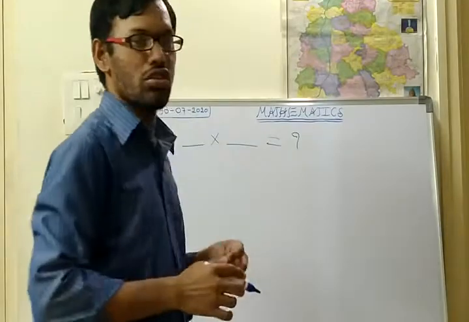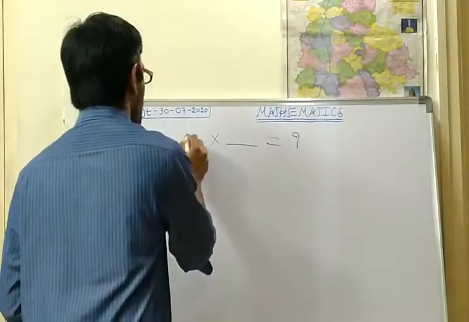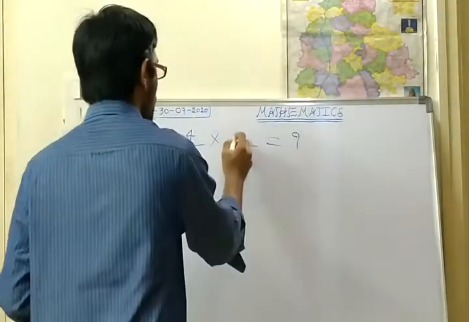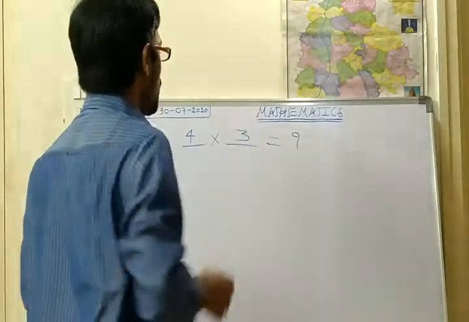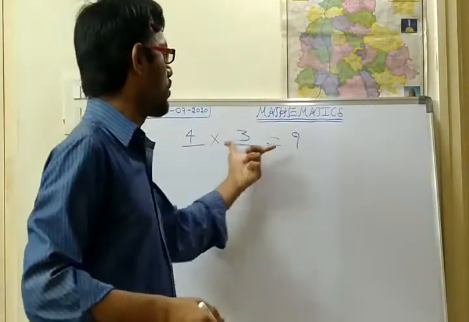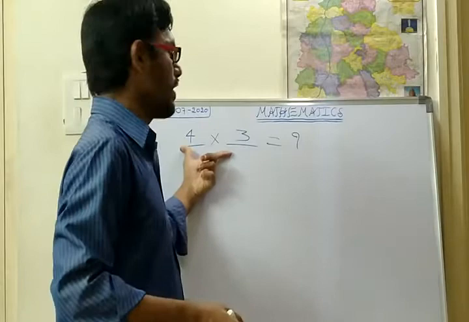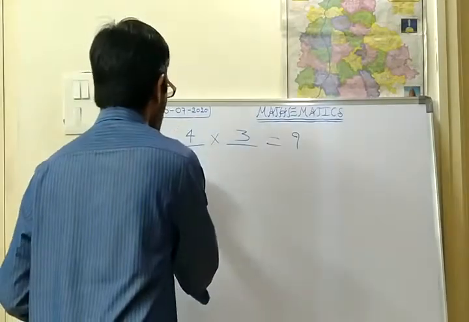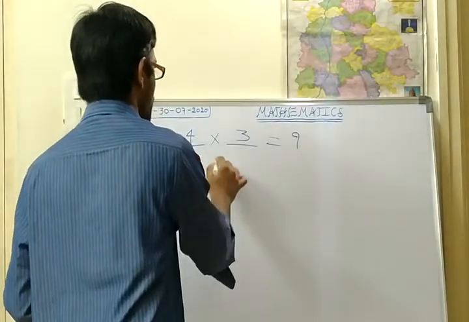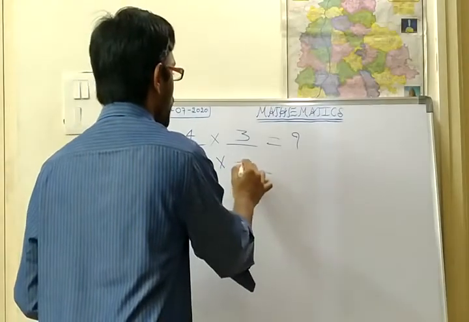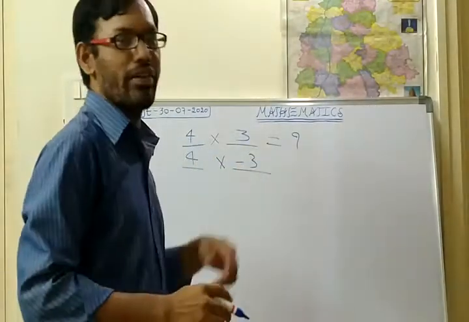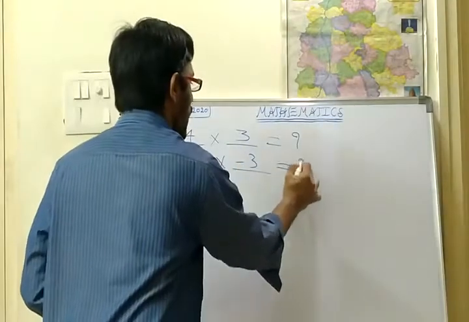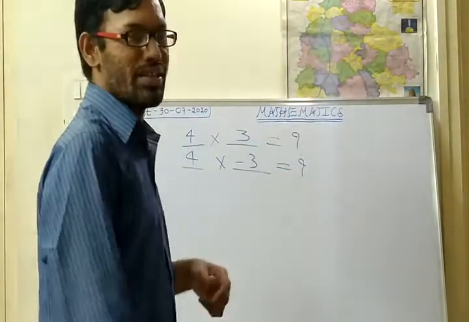Suppose a positive integer is there, and one more positive integer is there. We have seen this in the previous class. And one more thing, suppose a positive integer and a negative integer are there. For this also we have seen in the previous class what happens.